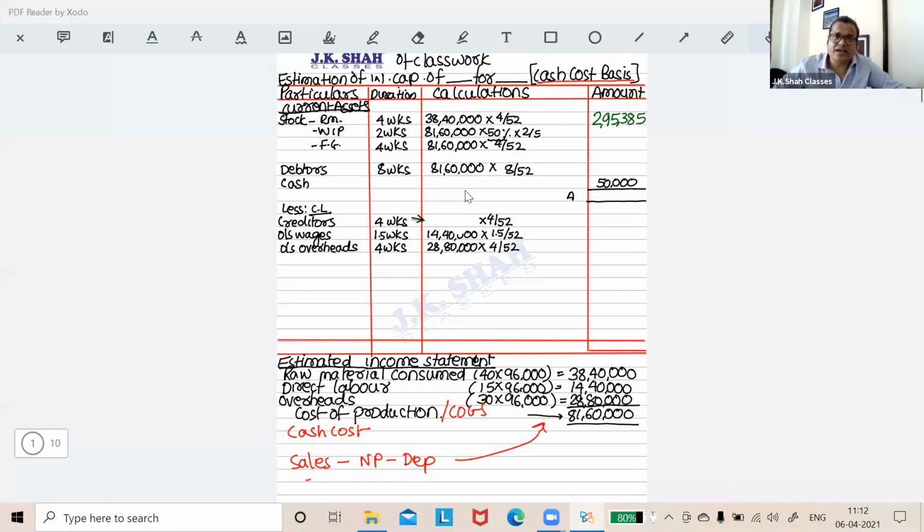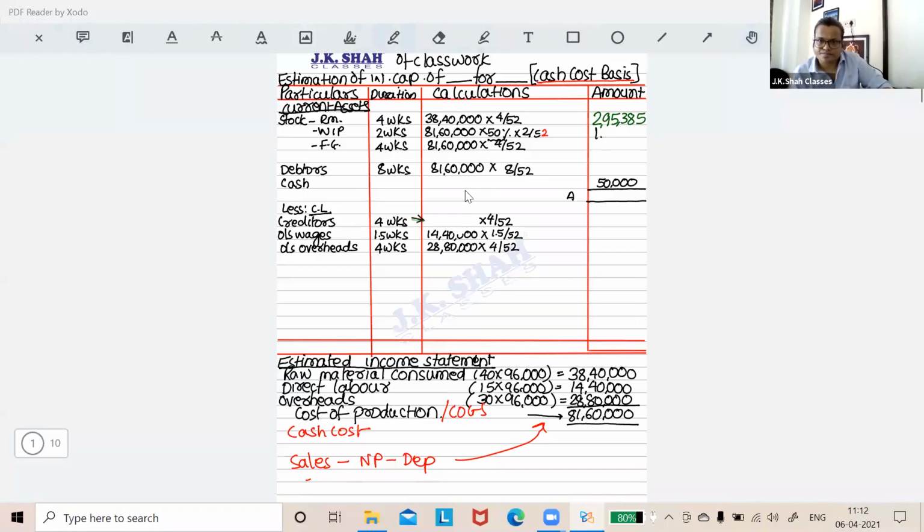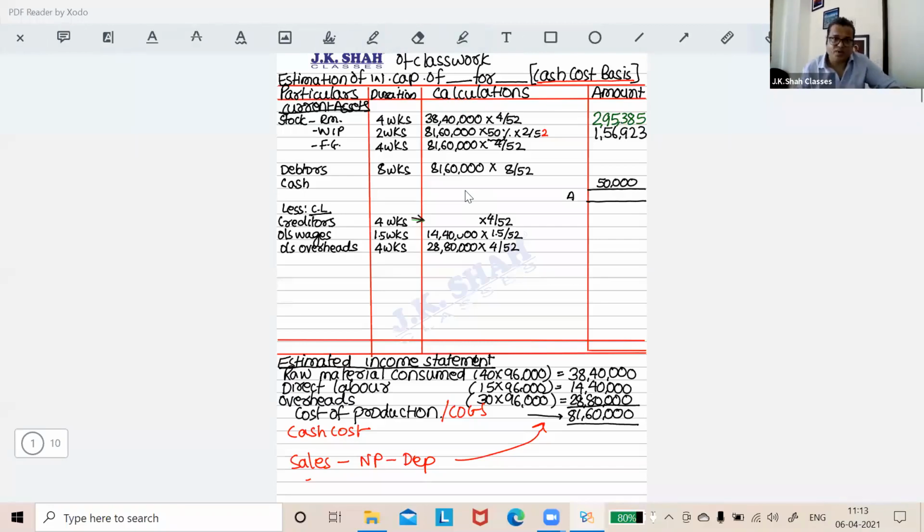So once for all, 81 lakh 60 into 50% into 2 by 52. It came to 156,923. Okay.